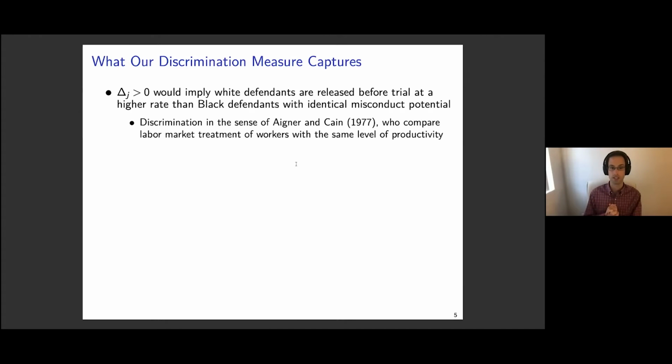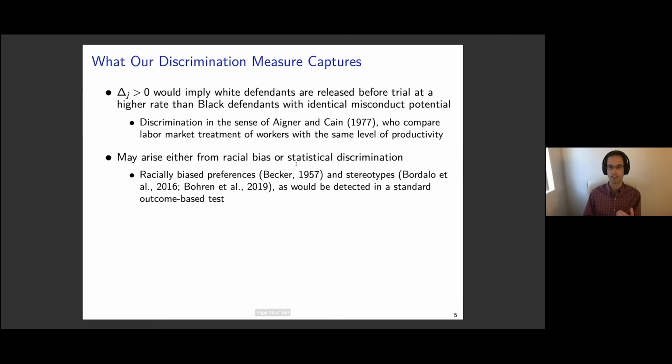It could be discrimination, which is very similar to the discrimination discussed in Aigner and Cain, who compare labor market treatment of workers with the same level of productivity. These differences in release rates between defendants of the same misconduct potential can arise from racial bias, in a classical Becker sense.